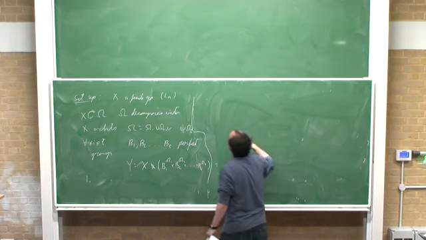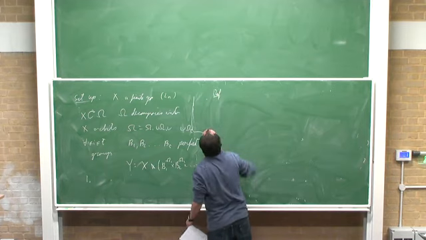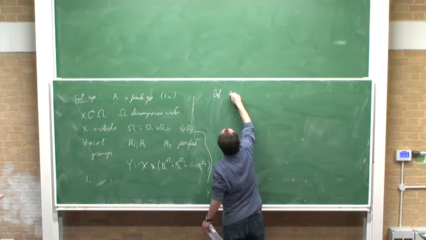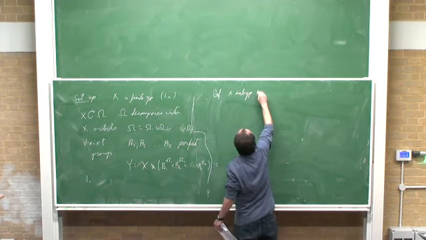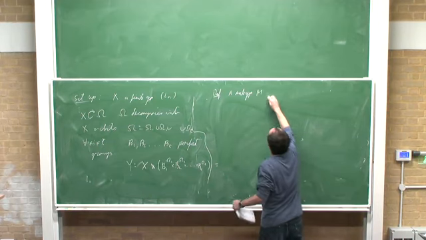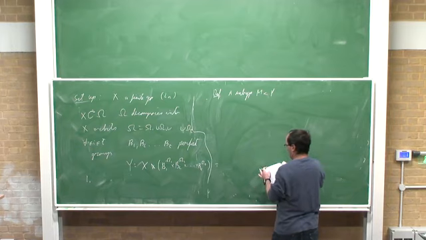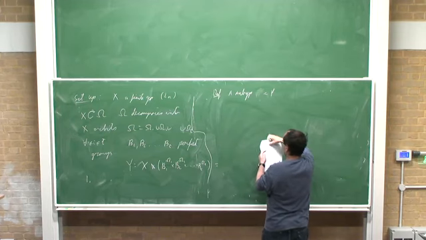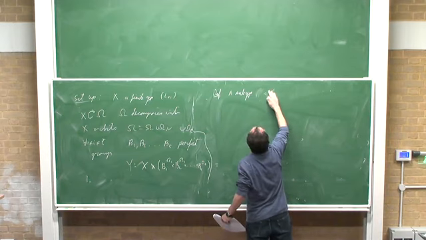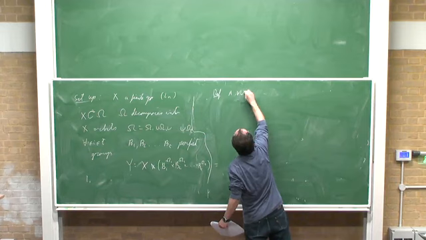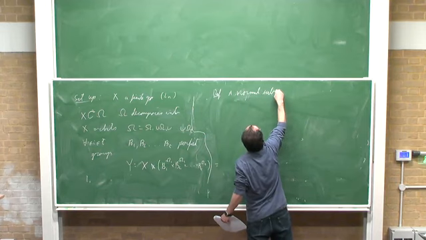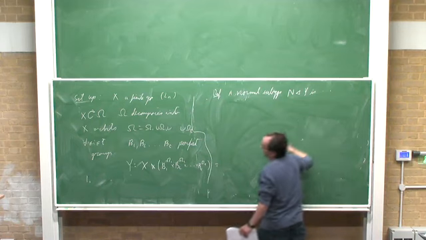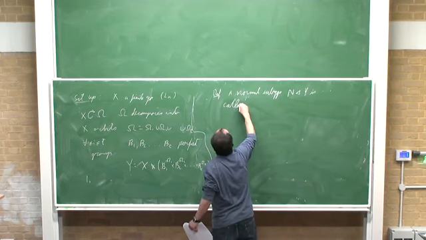So we need to find some definition. If you look at a subgroup N, a normal subgroup in y, it is called standard.